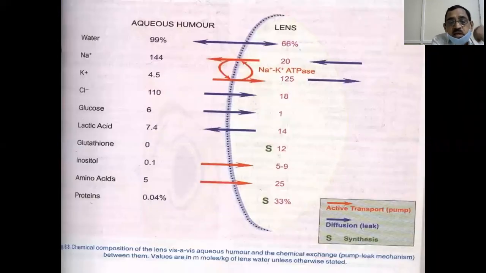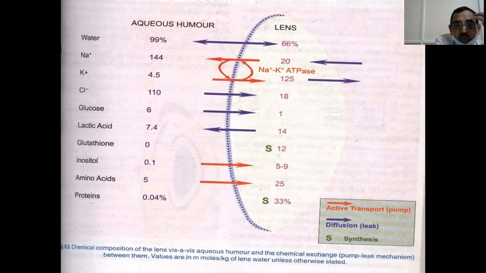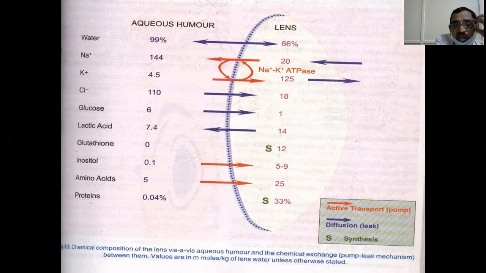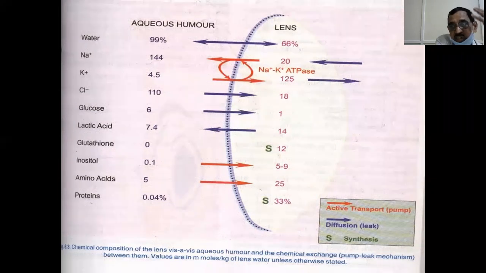This is again a figure depicting the various ingredients of aqueous humor and the lens, and how they are transferred from aqueous humor to the lens by active transport and by diffusion. The water, as you see, is about 99% in aqueous humor, but in the lens, since you should have a relative dehydration for its transparency, it's only 66%.